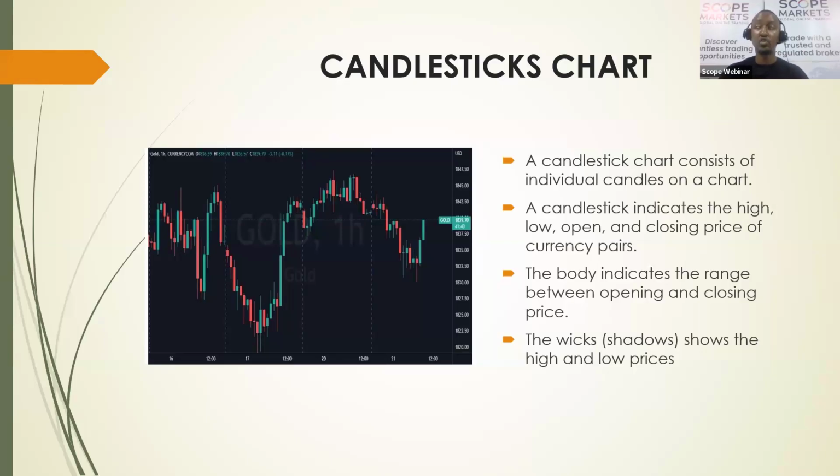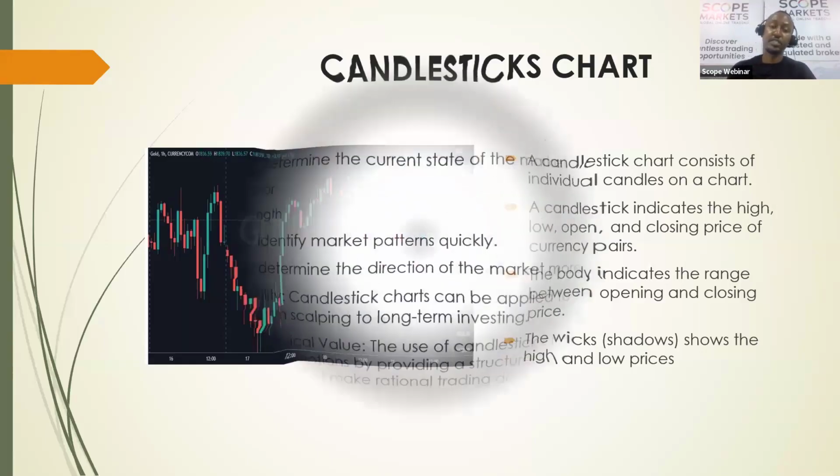In the same way we have two types of candlesticks, buy candlesticks or sell candlesticks. Therefore, you can use different colors to denote them. Like in my case here, I'm using green for buy candlesticks and red for sell candlesticks. You can use any color that you feel comfortable with. That's up to you.